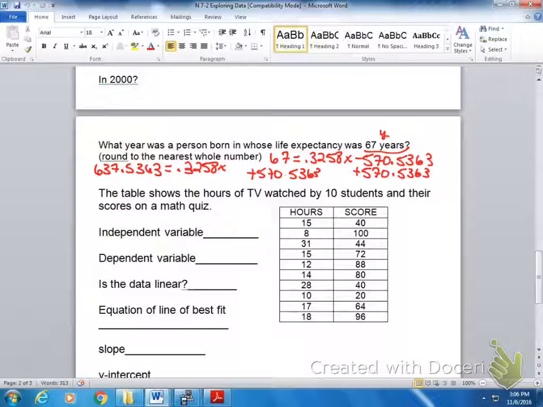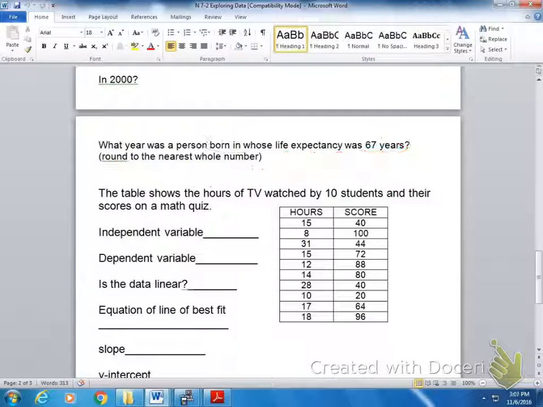Of course, the last step will be to divide by 0.3258, which should give us a much bigger number. Now, we assume this is going to be somewhere in the 1900s. I got that this equaled 1957, rounding it to the whole number, that is, okay? So be careful, guys. All it's about is finding out what's x and what's y. The calculator does everything else for you.